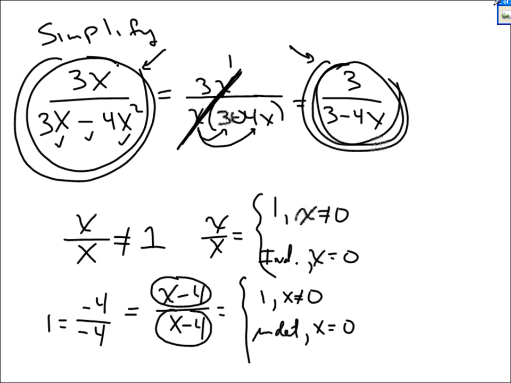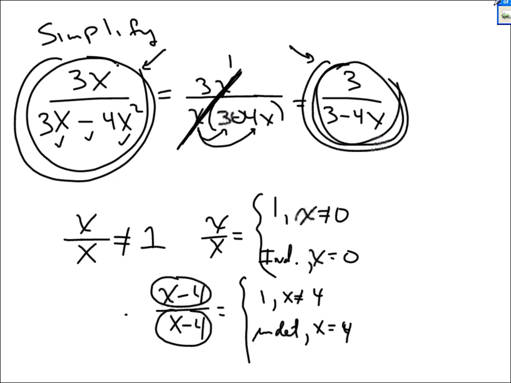This is 1. It's not indeterminate. It's indeterminate if the top and bottom are 0. Well, the top is 0 when x is 4. 4 minus 4 is 0. So it's just the number 0 that's incorrect, but that's the big difference.